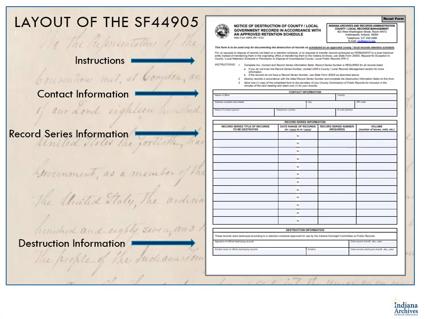Here is the full layout of the NOD form. There are 4 main sections: the instructions, the contact information, the record series information, and lastly, the destruction information.